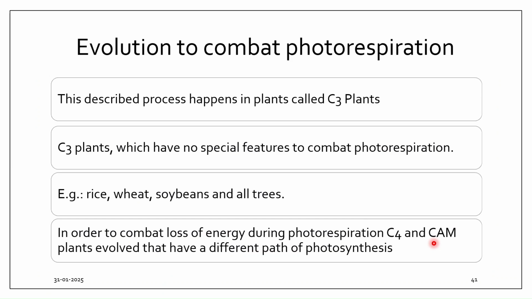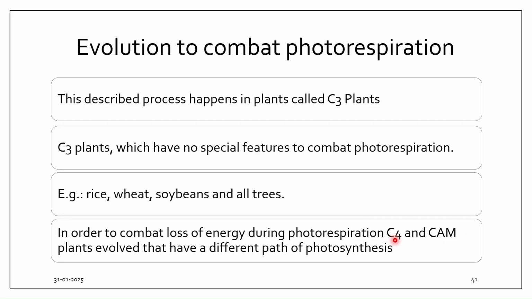Now, in order to avoid this photorespiration, plants evolved naturally so that this wasteful process is eliminated from the system, and this kind of evolution led to the evolution of another set of plants that undergo a different type of photosynthetic cycle called C4 and CAM cycles.